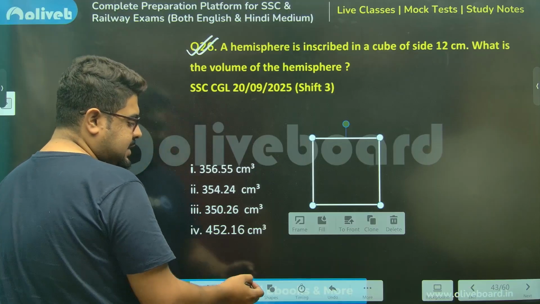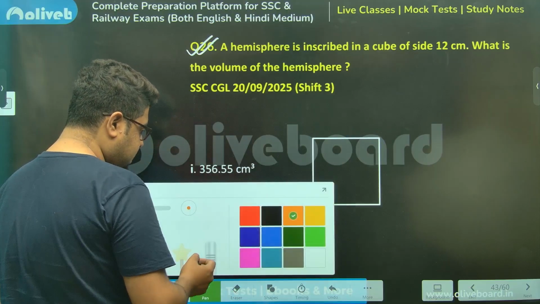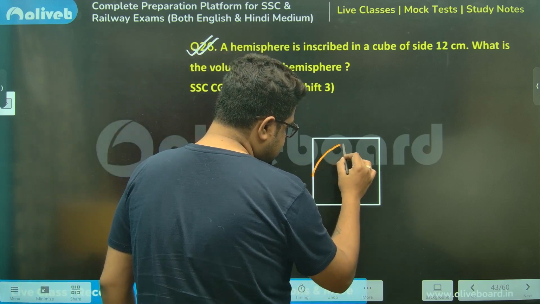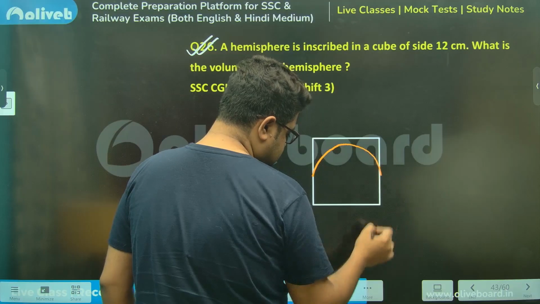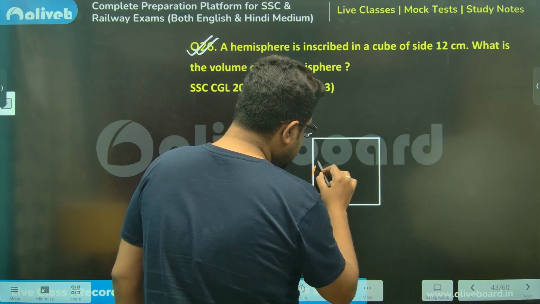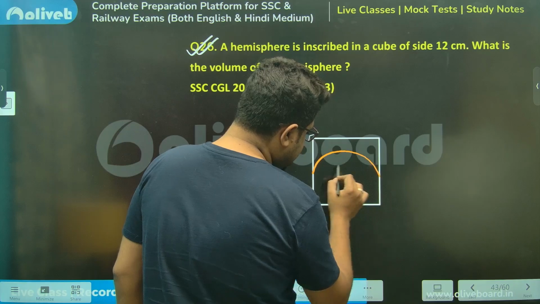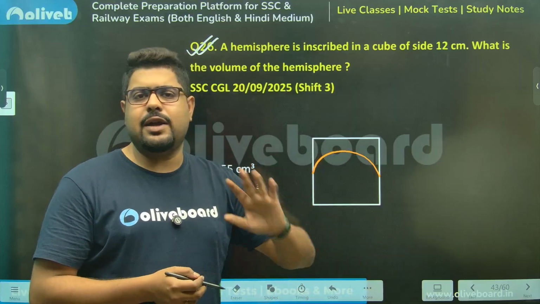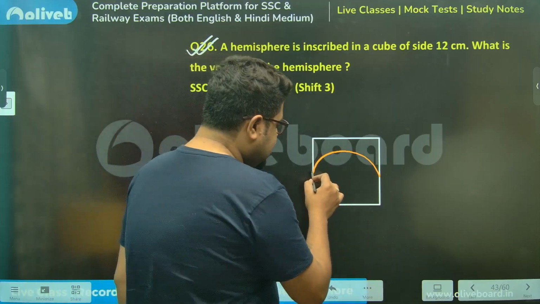Now the hemisphere will look something like this. Whatever happens, whether it is touching the top or bottom, it will look something like this.